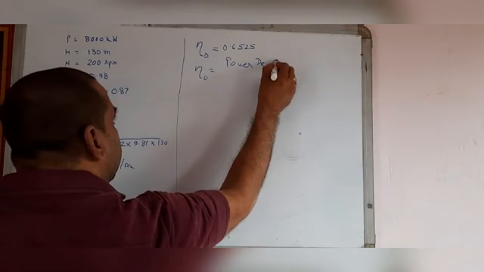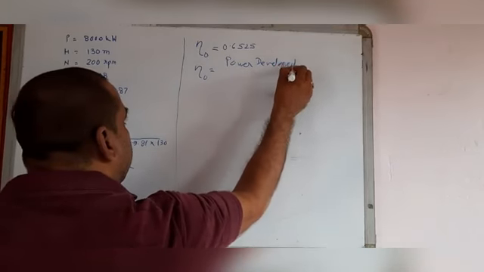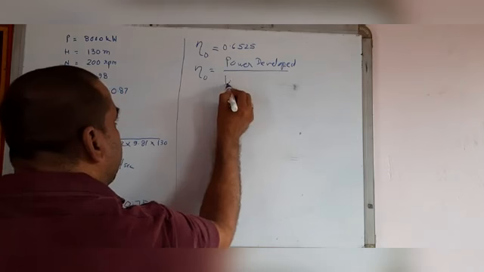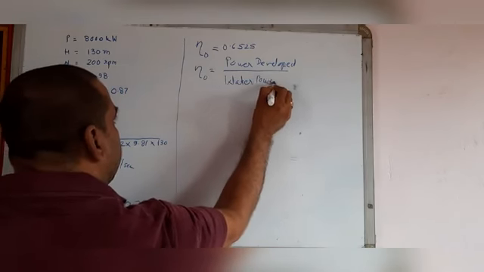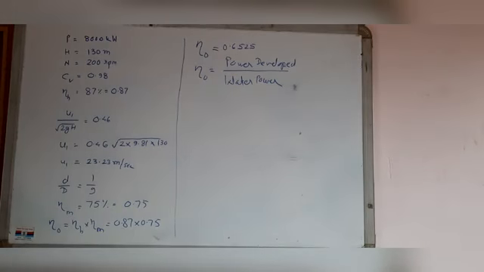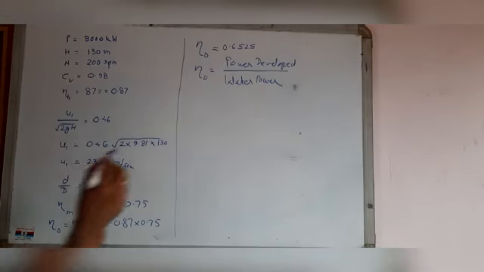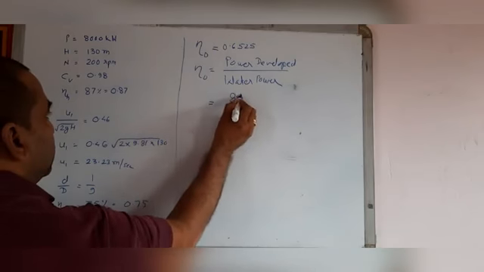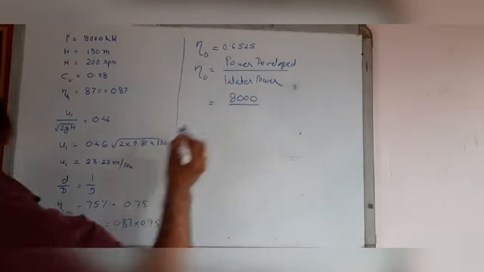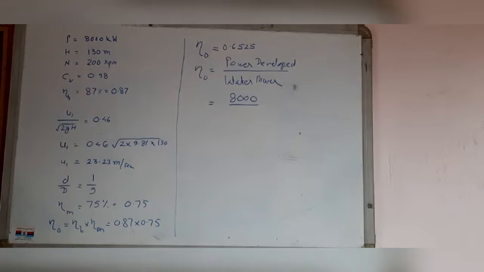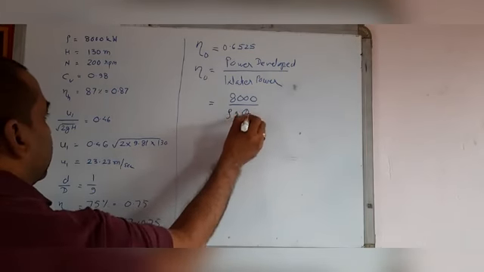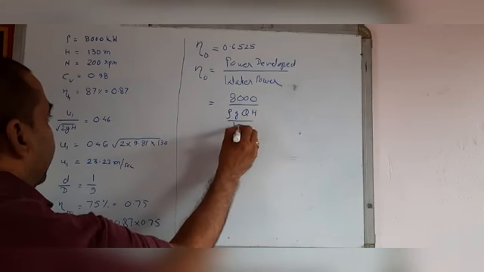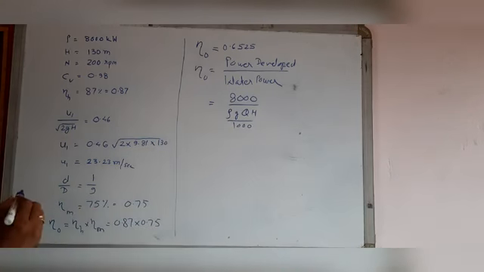So 8000, the power developed, by water power in kilowatt, which is rho g Q H by 1000.